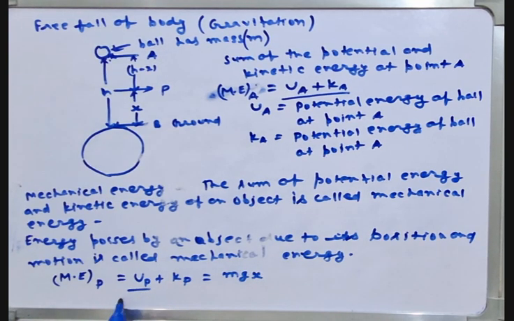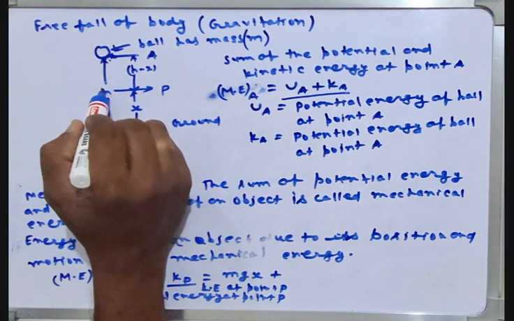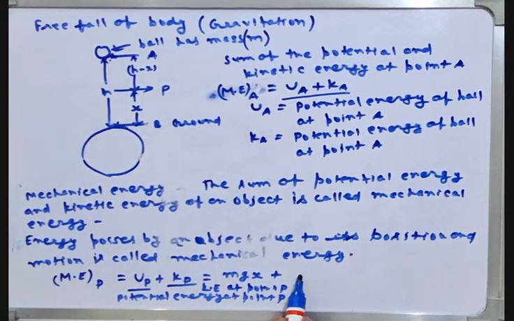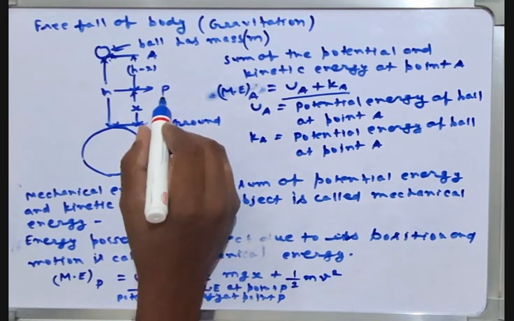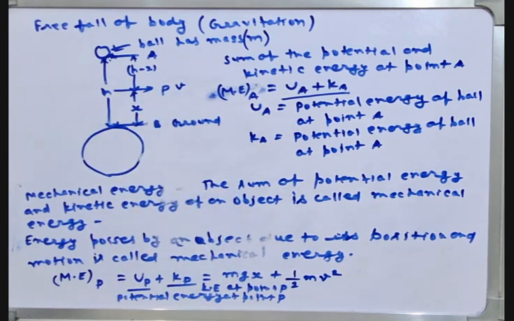UP is the potential energy at point P, and this one KP is the kinetic energy at point P. Okay, so suppose when the ball travels from here to this point, it attains velocity v. Okay, so the velocity of this ball is v at point P.